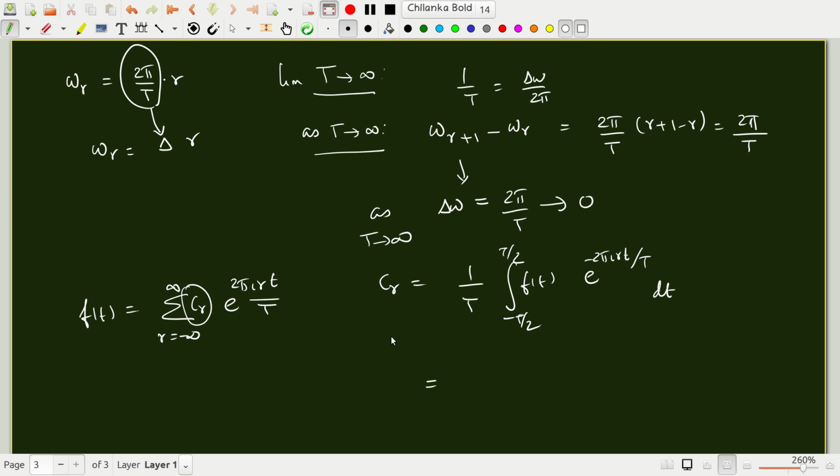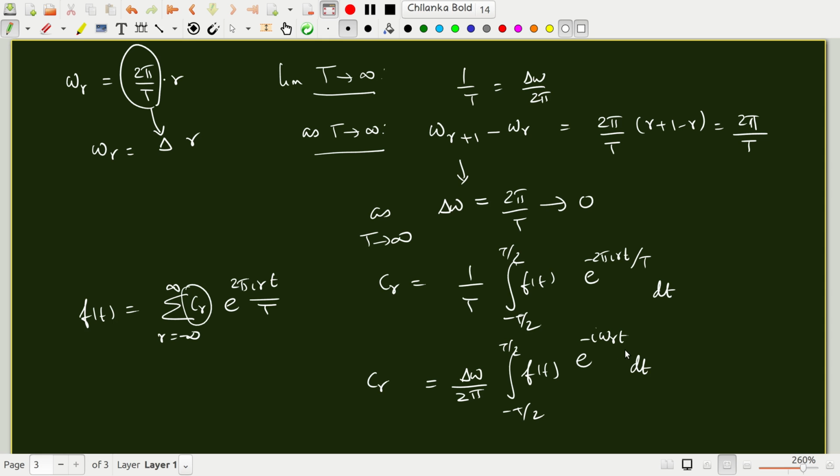So we can write this as delta omega by 2 pi times the integral from minus T by 2 to T by 2 of f of t e to the minus i omega r t dt. So these are the Fourier coefficients.